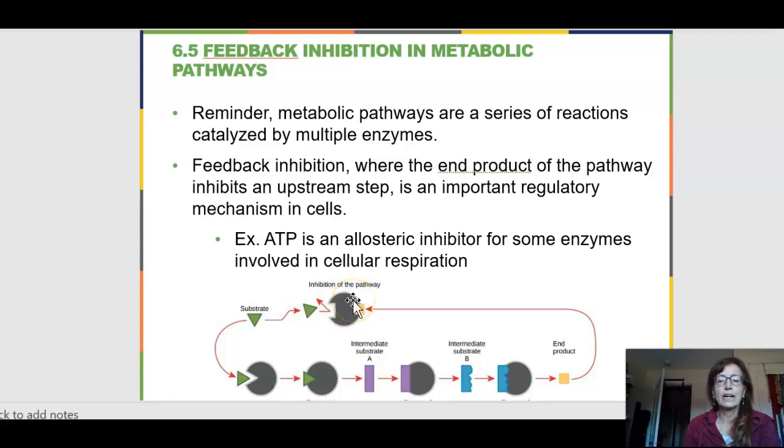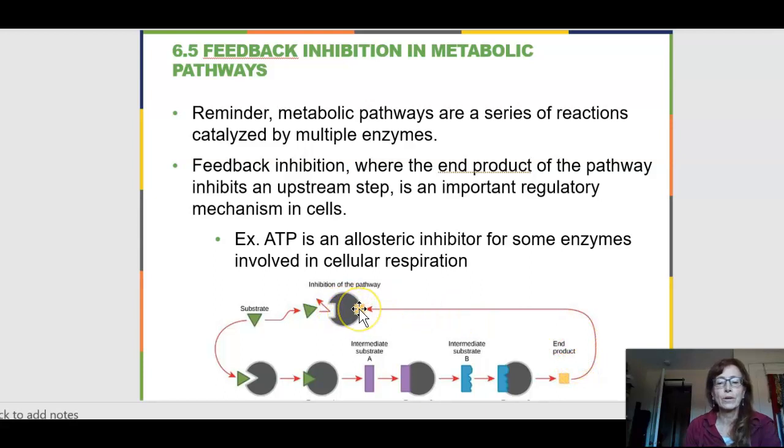This is called a feedback inhibition pathway. In this case, whatever this is now going to go back and temporarily inhibit this enzyme because whatever product was made was sufficient. We don't need more, so now we can regulate this enzyme by actually using some of the product itself.